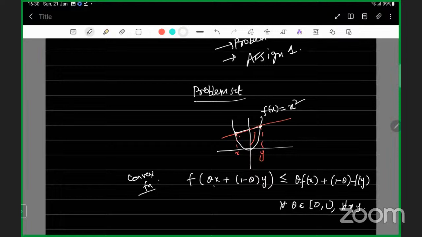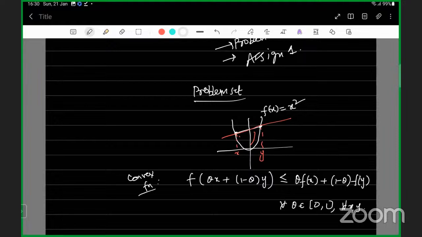So this is nothing but the value of the function for any number between x and y, like this curve, and this is less than or equal to the line value.